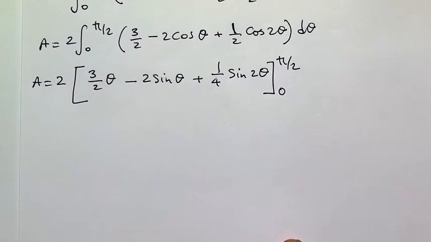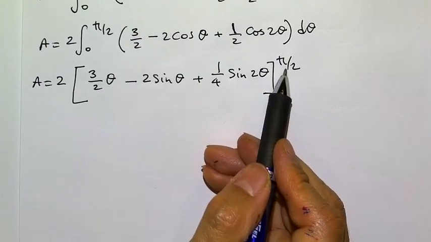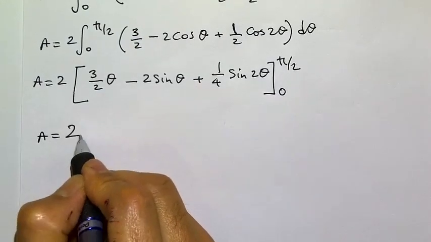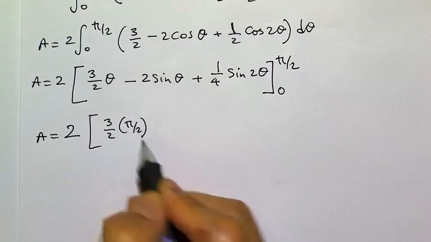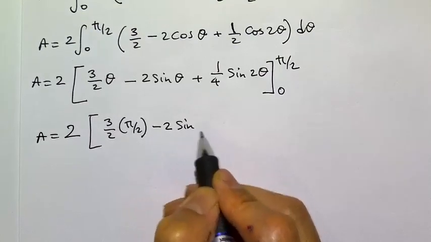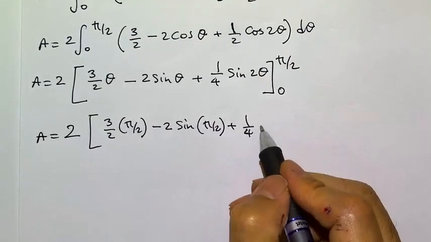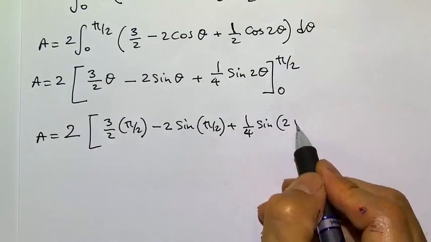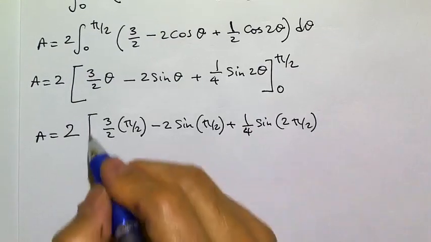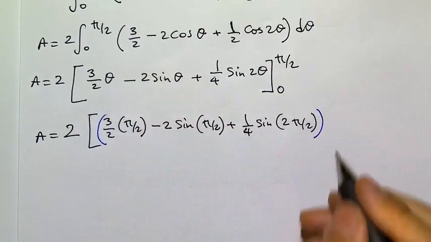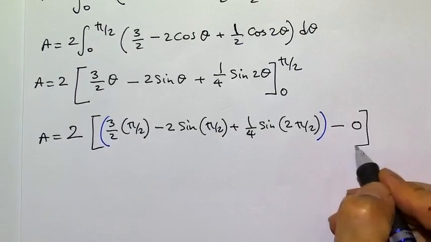Okay, so we already know for theta equals 0, all these terms drop out, so we worry about just the pi over 2. 2 times 3/2 times pi over 2 minus 2 times sine of pi over 2 plus 1 over 4 sine of 2 times pi over 2, and then minus 0 after that.